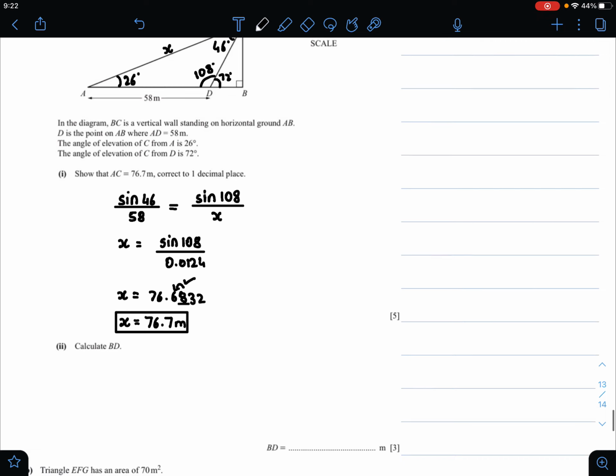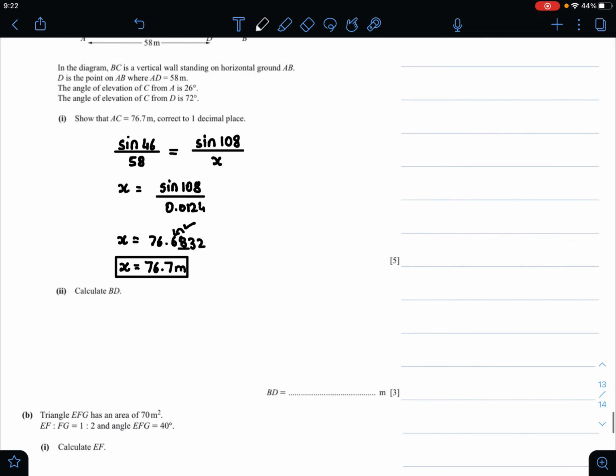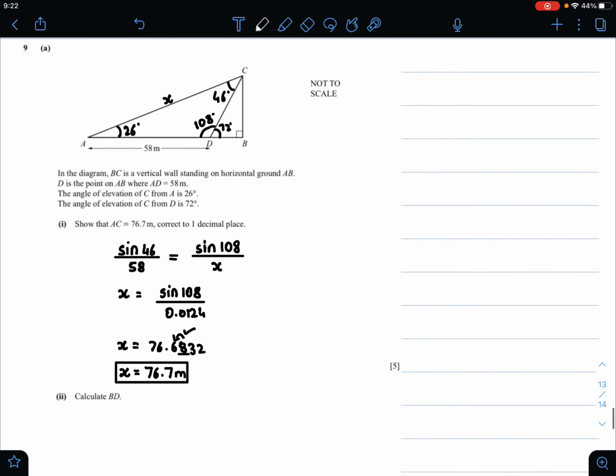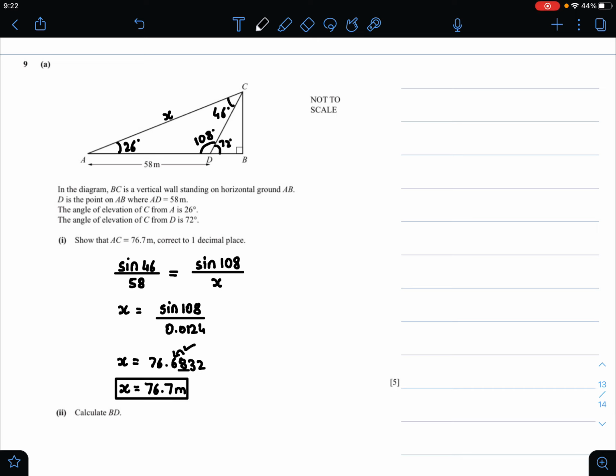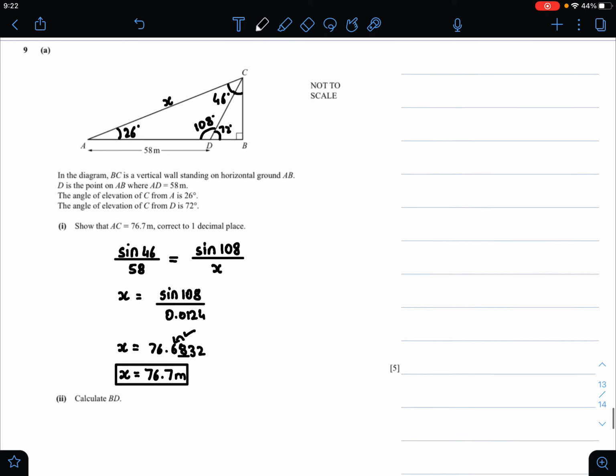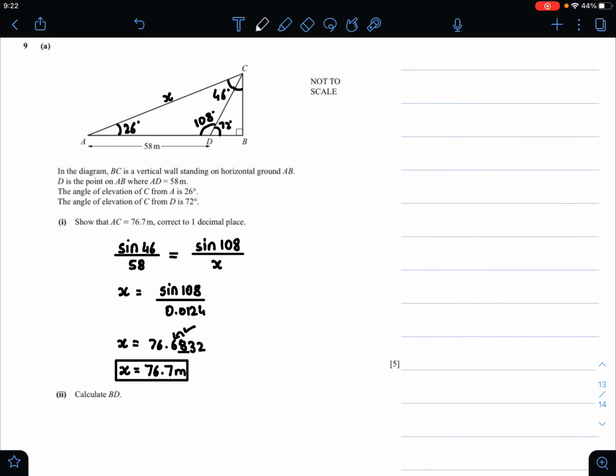Now let's move on to part A2, where they are asking us to calculate BD. We can easily calculate BD now, because it's a right angle triangle, and we know two angles, and we know one side. So we can use a trigonometric function to find the side AB and then subtract AD from it.